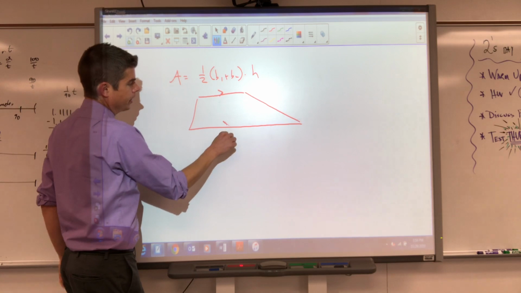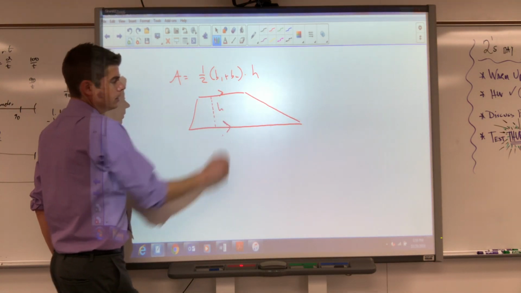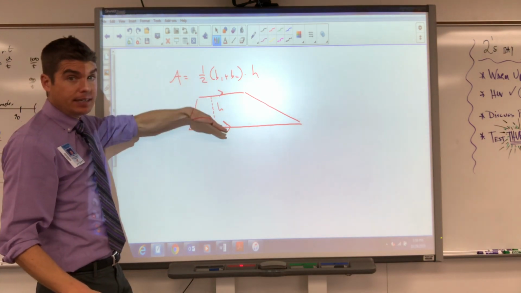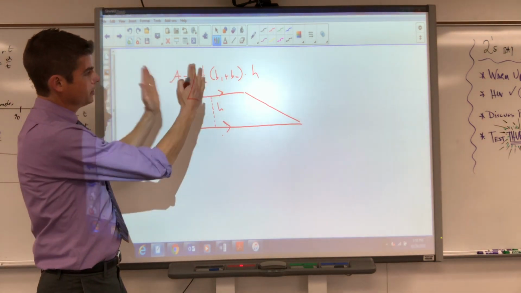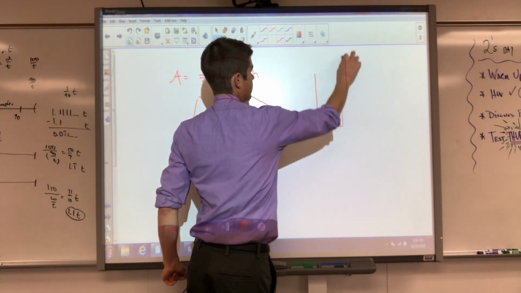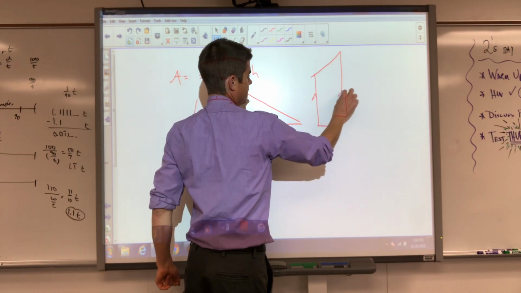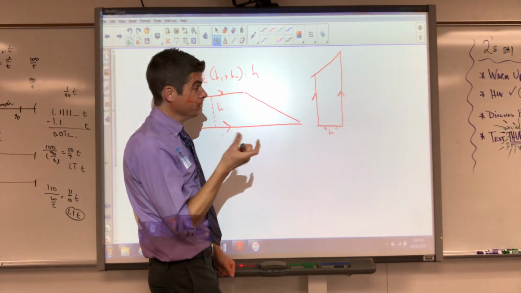Here's what we normally think of as bases, base 1, base 2, and here's our height. So you average the bases, and you take that times the height. So if I think about my trapezoids now as perpendicular, something like this, where these are my bases, and this quote-unquote is my height, so it's the space between, right?